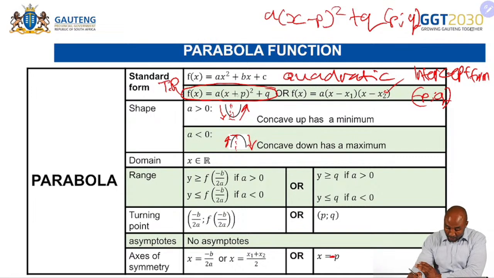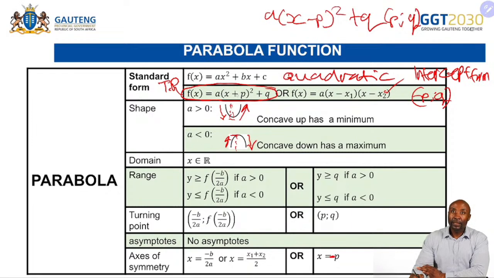We just take whatever is inside the squared bracket there. It helps you to get your x value at the turning point, or the equation of the axis of symmetry. From there on, we substitute back and we get the corresponding y value at the turning point, and that helps us to get our range.